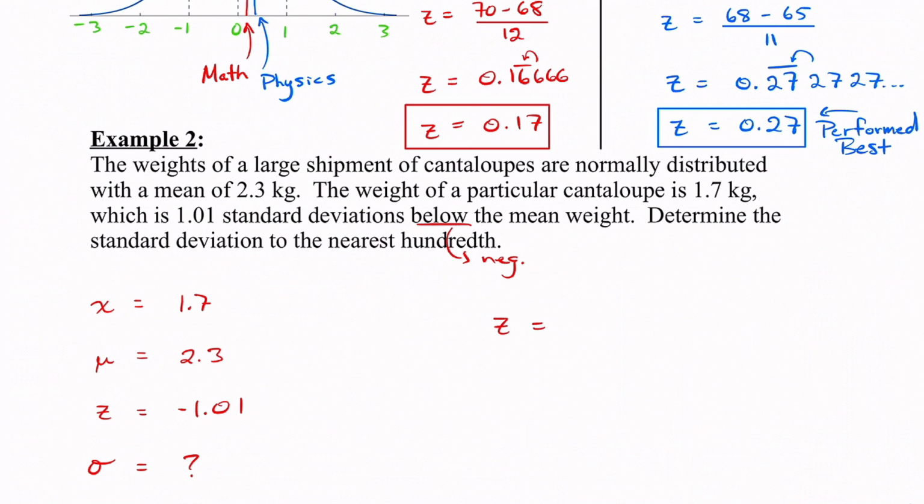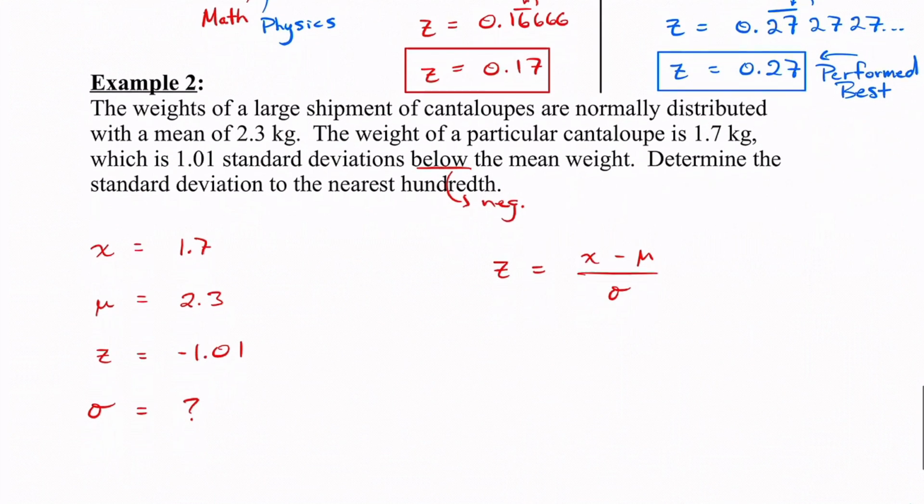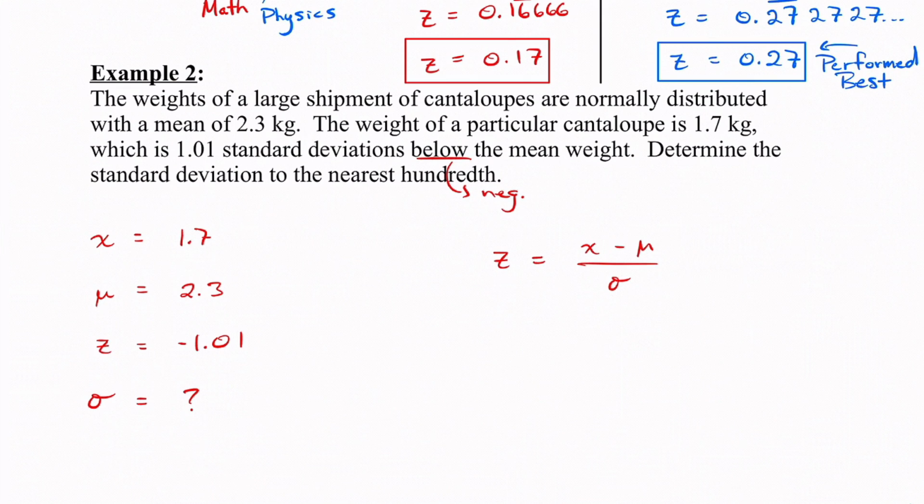Z is equal to x minus the mean divided by standard deviation. And then we'll plug in everything we know. So Z is negative 1.01. X is 1.7 minus mu, that's our mean, 2.3, all divided by the standard deviation, which we don't know, so we just keep it as the symbol.